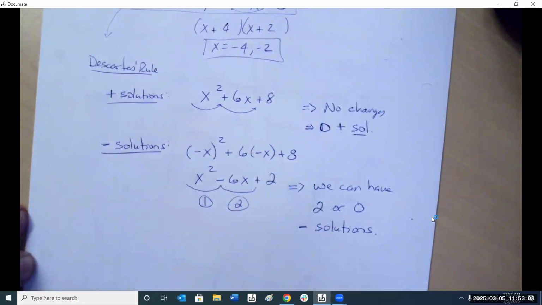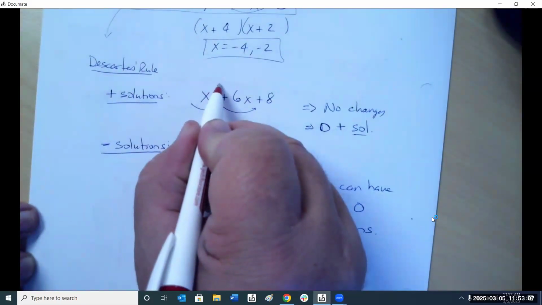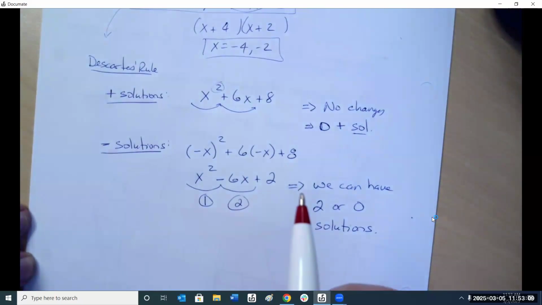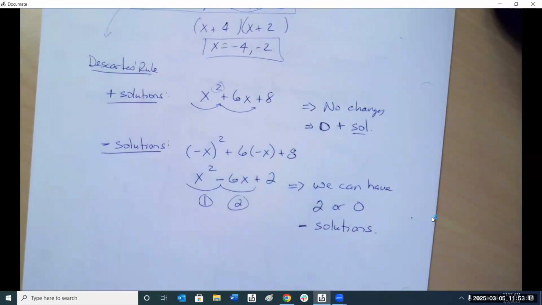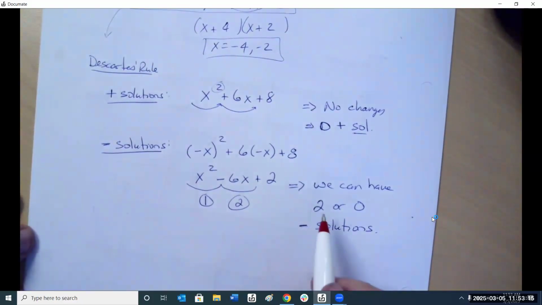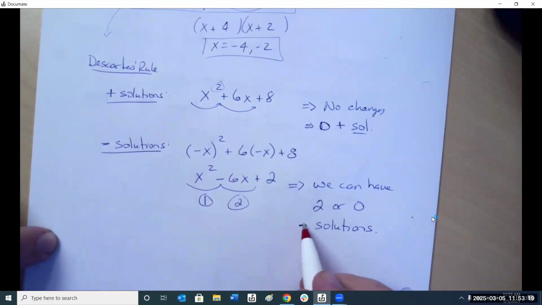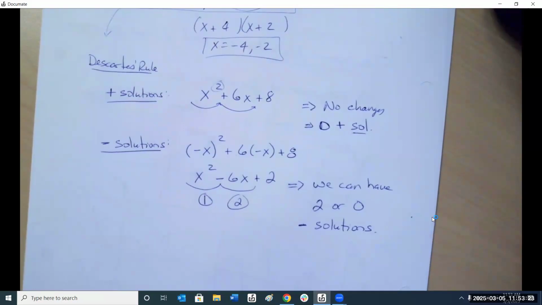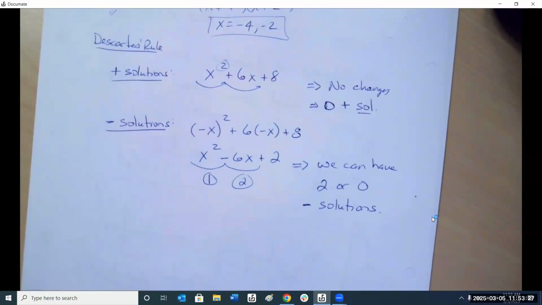But wouldn't you know anyway, because the highest degree is 2? But all we know is we have 2 solutions. We don't know if they're real or imaginary. Oh, okay. So all this tells us is to be careful. We can have 2 negative solutions or no negatives, which could be imaginary. And that's all it tells us. It doesn't tell us any more.